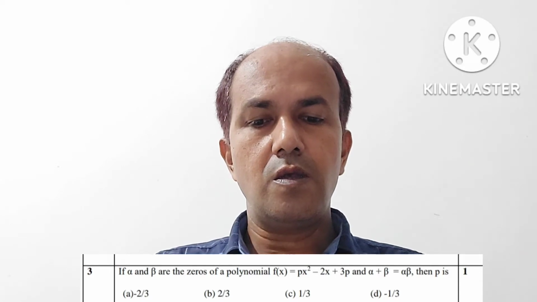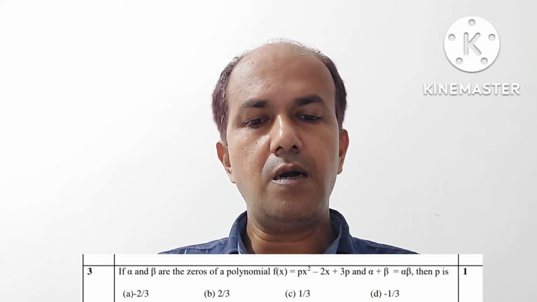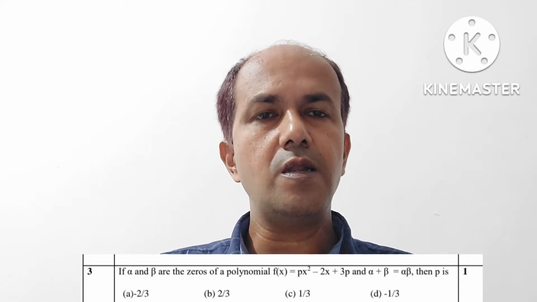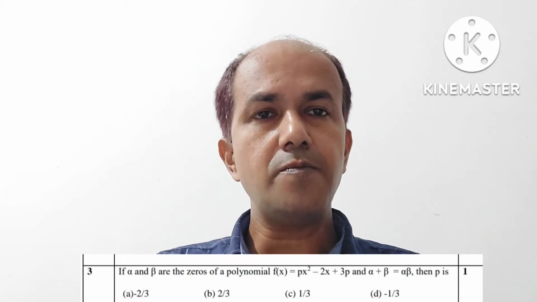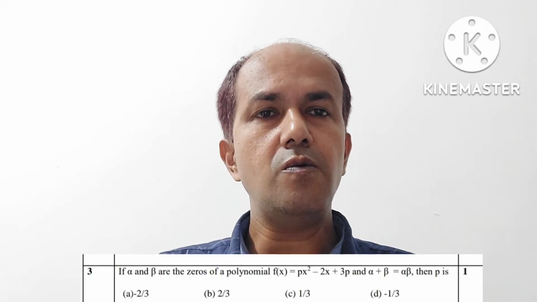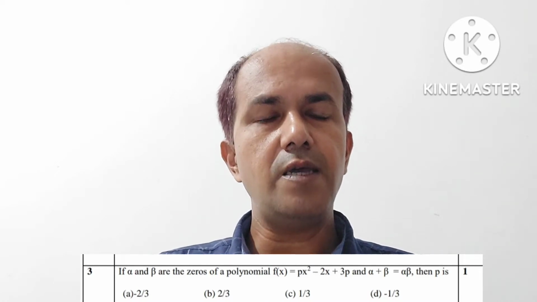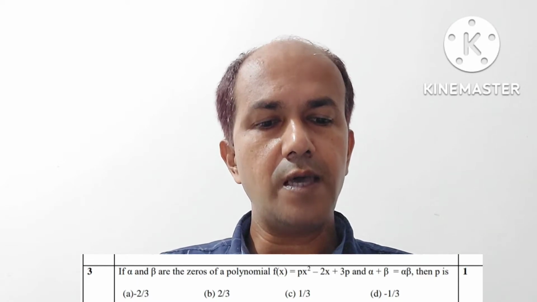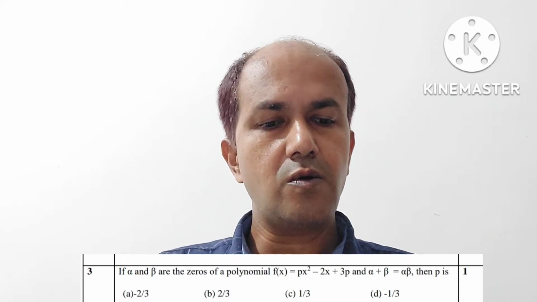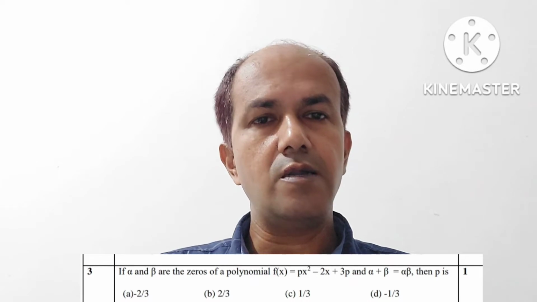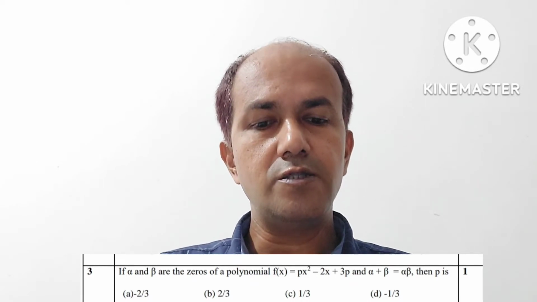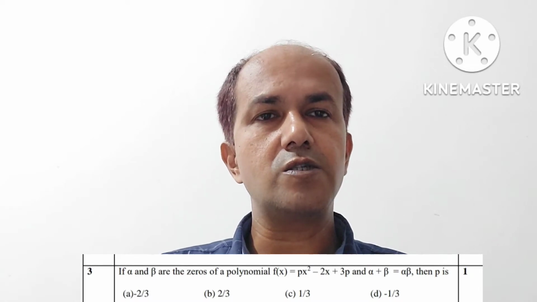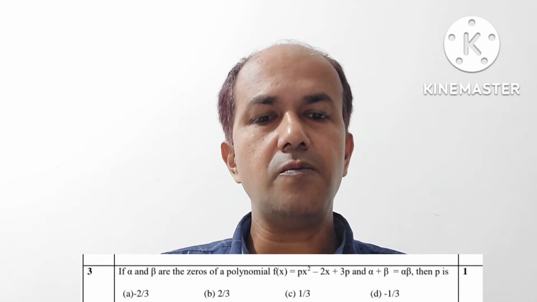If alpha and beta are the zeros of a polynomial, then the sum of the zeros equals minus b by a, that means minus coefficient of x by coefficient of x square, and the product of the zeros equals c by a, that means constant term by coefficient of x square.